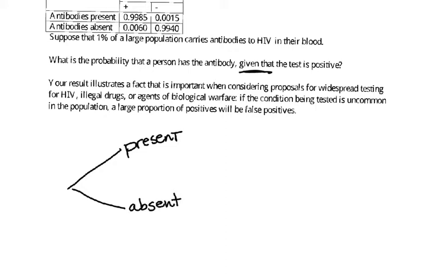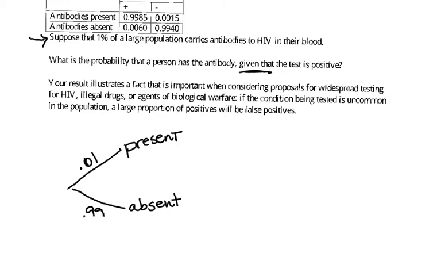So, antibodies are only present in 1% of the population, so this is 0.01. They're absent in 99% of the population, so this is going to be 0.99. We get that from this sentence up here. 1% carries antibodies, 99% doesn't. You either do or you don't.